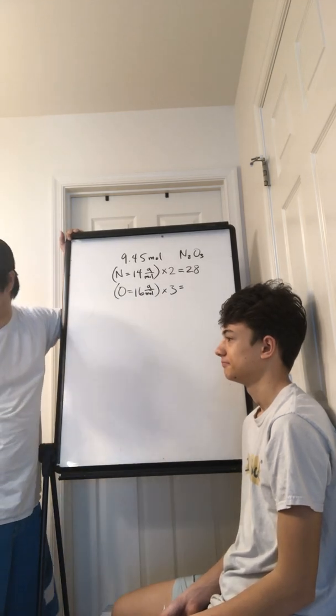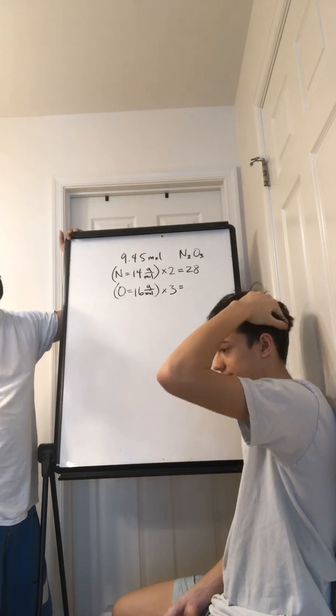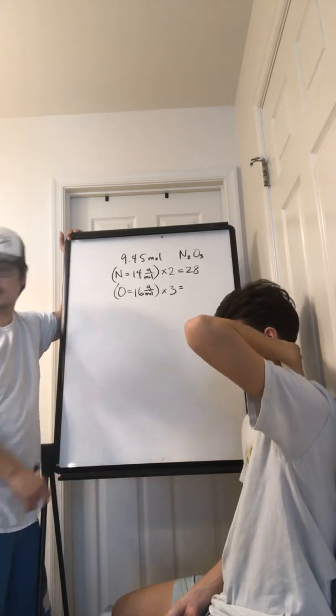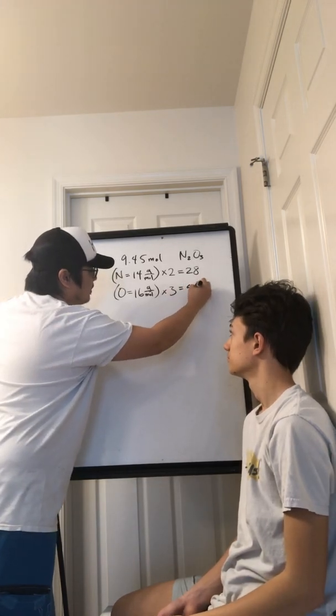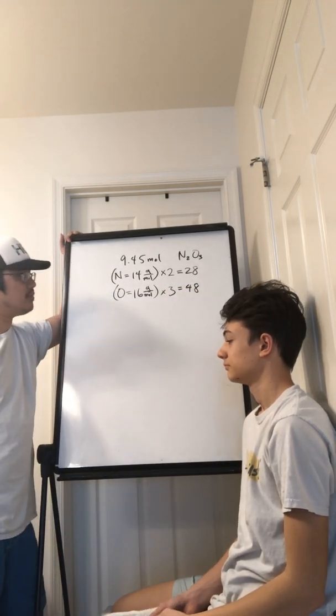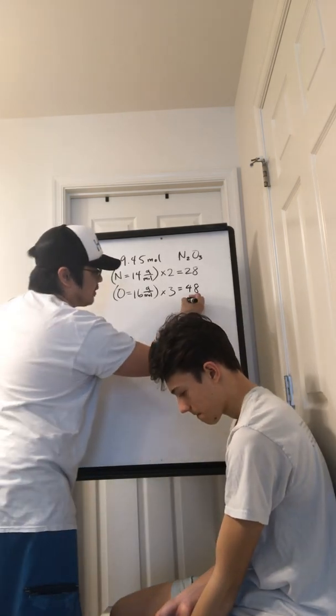What is that equal to? I have it written on my notes, and I probably should be able to do it off the top of my head. It's 48. So if I add this together, this gives me 76, right?